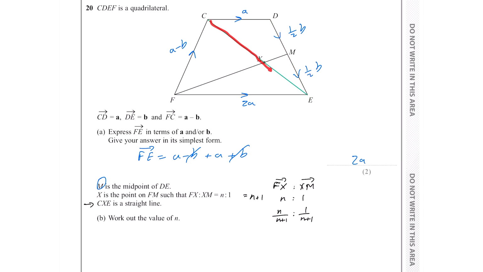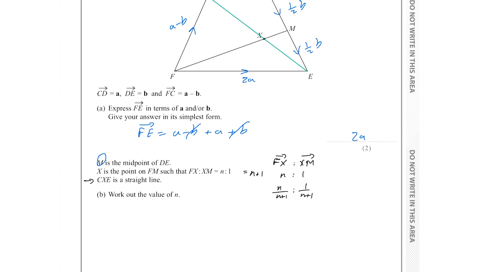And then we're going to look at C to X, which is going to be this plus this, or you can go this way. This way just seems a bit more. It's got 3 steps in it, whereas this way has only got 2 steps, which is a little bit easier, but you'll get the same value either way. So we're interested in C to X and C to E based on this information here.